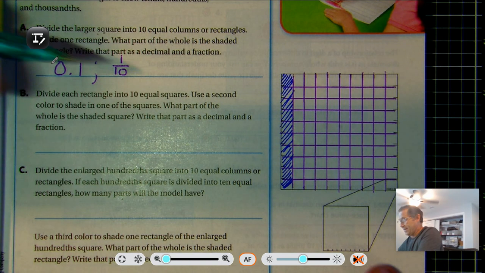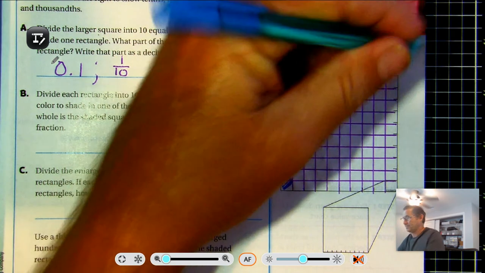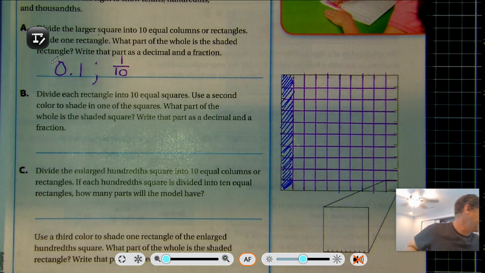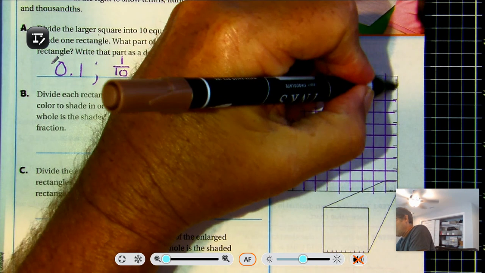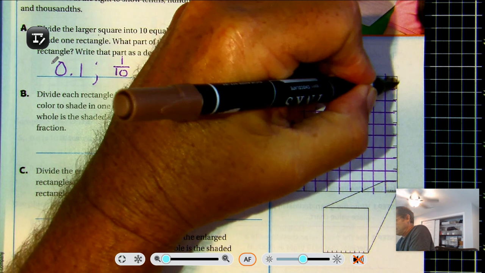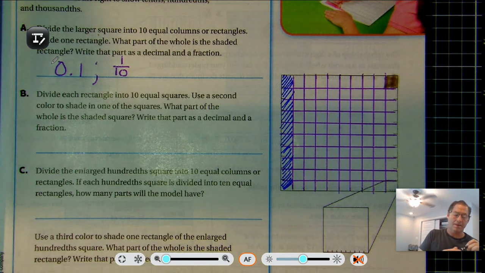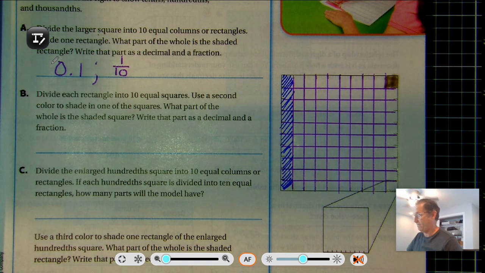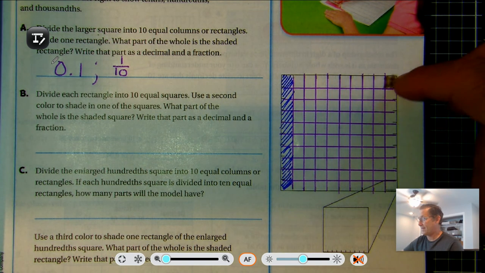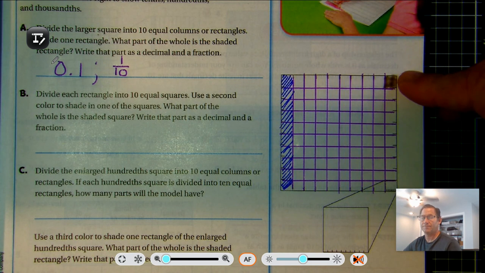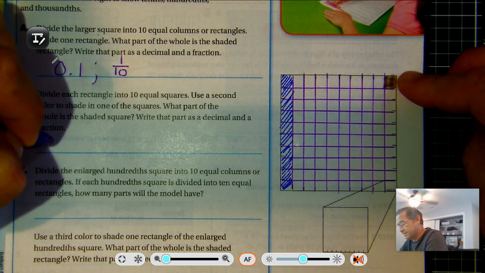So let's shade in one of these equal squares. Okay. So of that, how much do I have shaded? If I'm only looking at this one square, well, that's 1/100th.